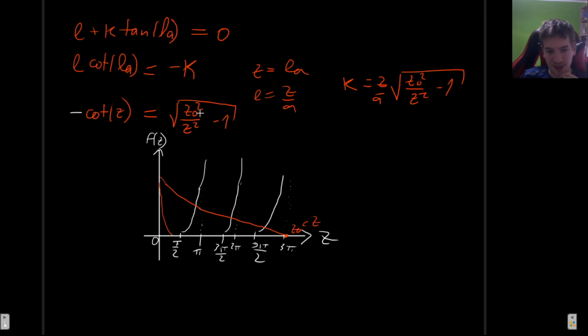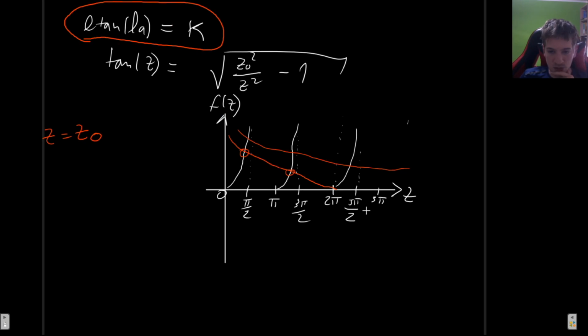In fact, if you know that z0, for example, is let's say 3 pi, then it would fall off around here. So you would know, okay, there are 3 odd states, and also if it's 3 pi, there are also going to be 3 even states. So it's going to be 6 states in total, so 6 bound states. That would give you a lot of information without having to do any explicit calculations. That's why using these graphical methods is so powerful.